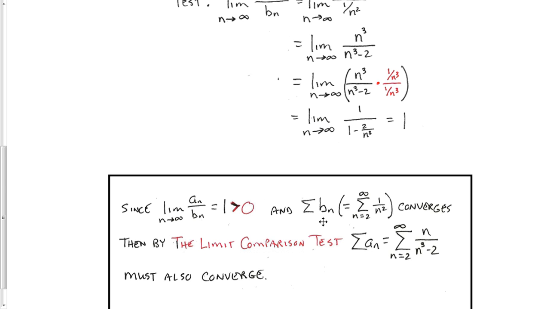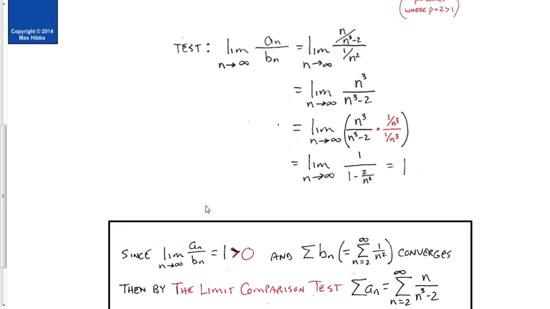And we already know that the series of b sub n's converges because that's a p-series. Then by the limit comparison test, our other series, the one we want to know about, must also converge. So we didn't compare the series directly, we compared a limit of the ratio of the terms.